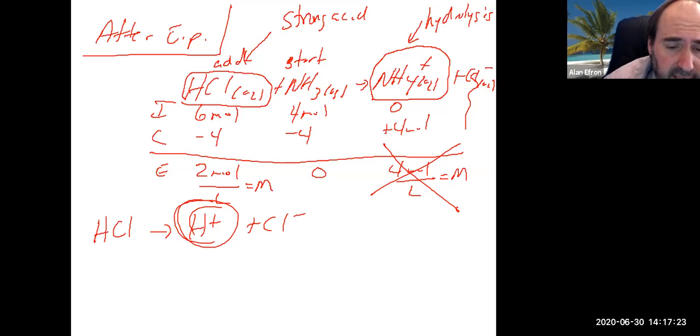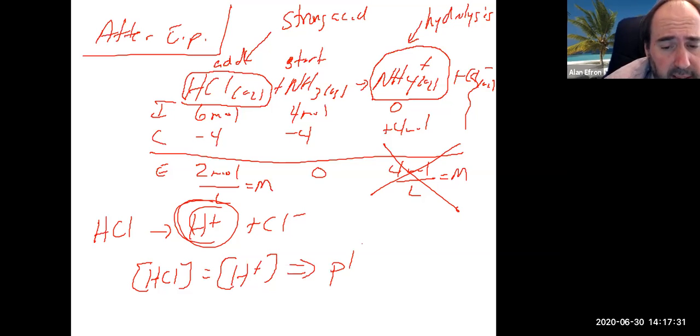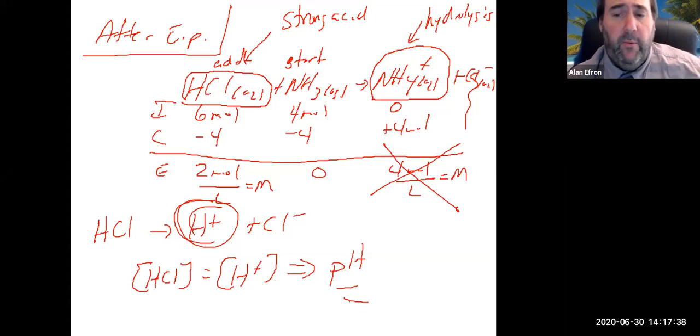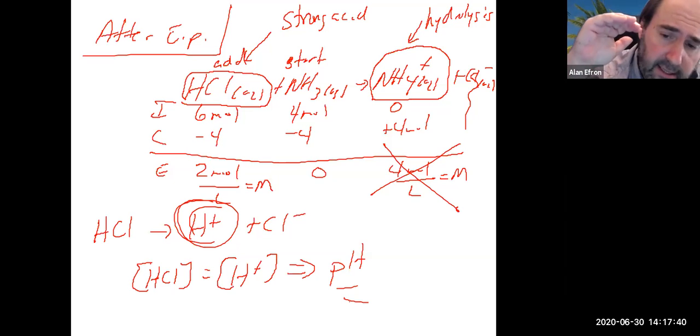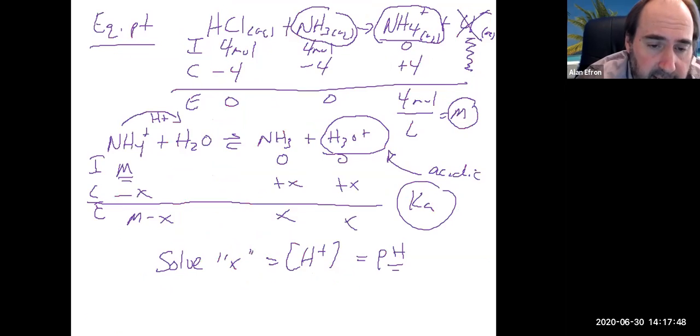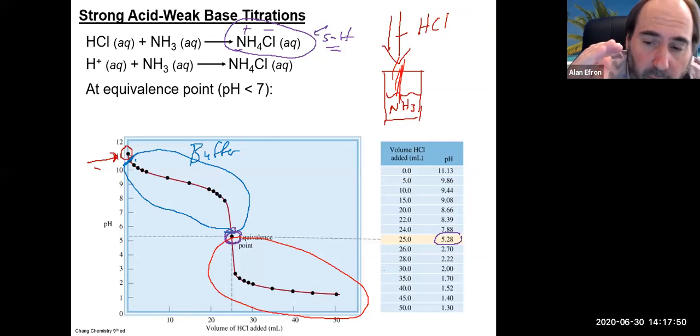So what that means is at this point, we do have the concentration of HCl, which is essentially the concentration of H+, which means you could go right into your pH equation at that point. So this type of titration where we're adding a strong acid to a weak base is pretty much identical to the titration curve that we saw previously. And there really, again, are those four parts.